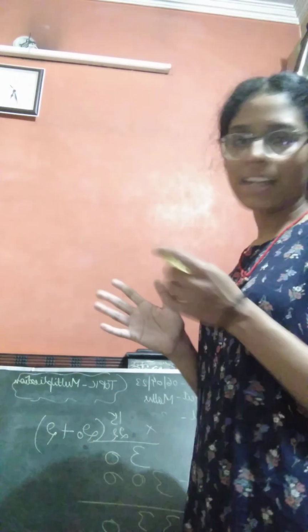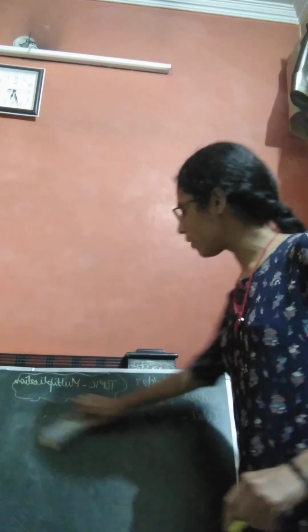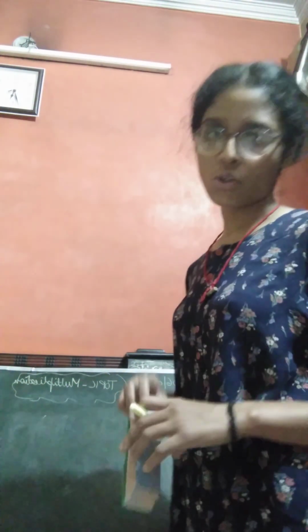Fine. So I am writing here some more examples, and we are going to do them, and wherever you get a problem, no worries. Please ask me and I will try to solve that. Okay. So let's say I am giving you one example of 12 into 23.